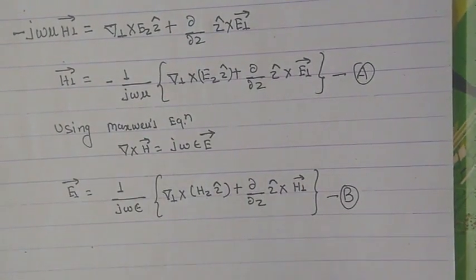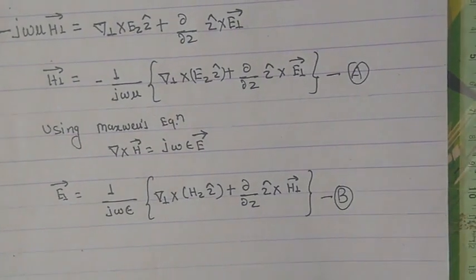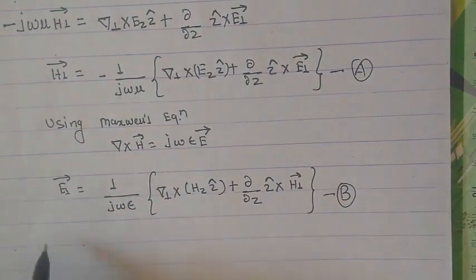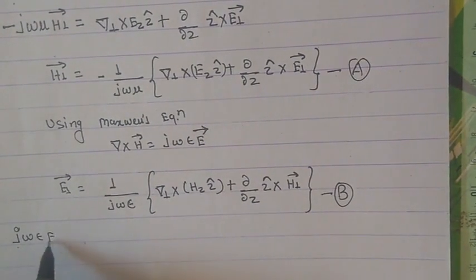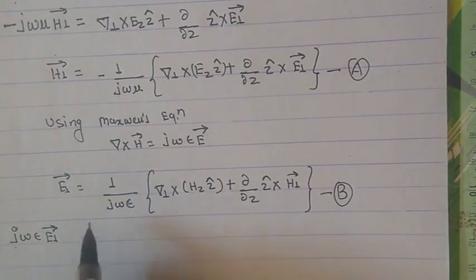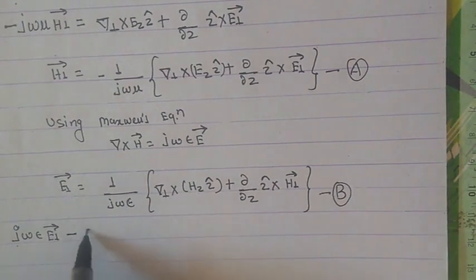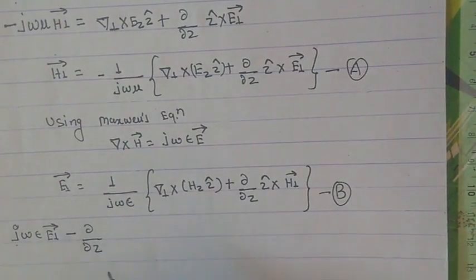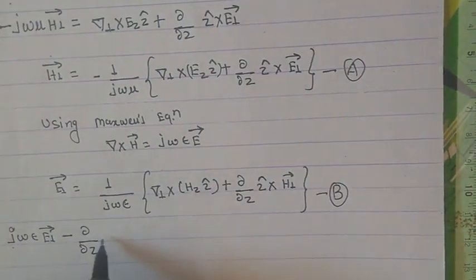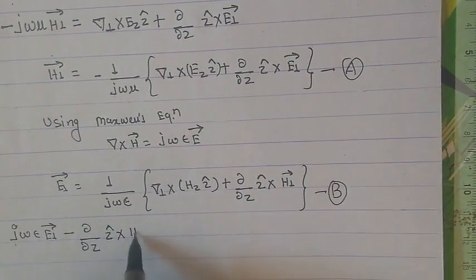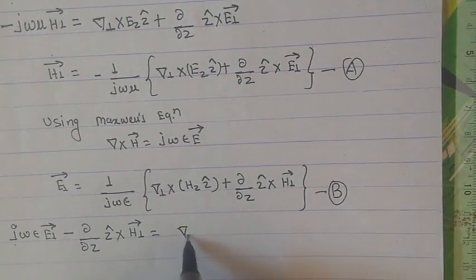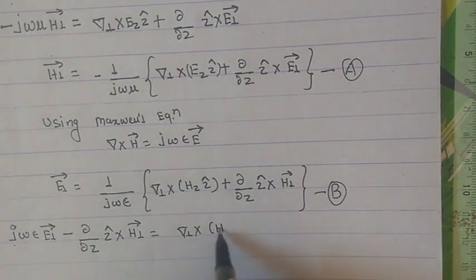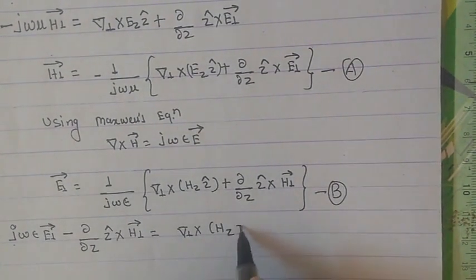Now we'll solve it further. Just rewrite equation B, taking the transverse term to the left hand side. So the above equation can be written like this.